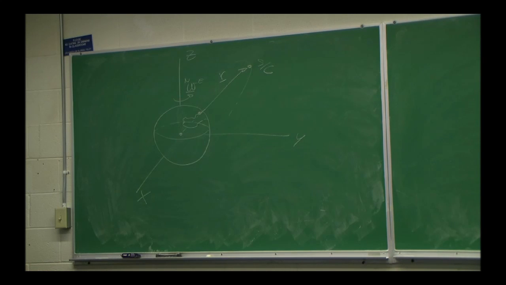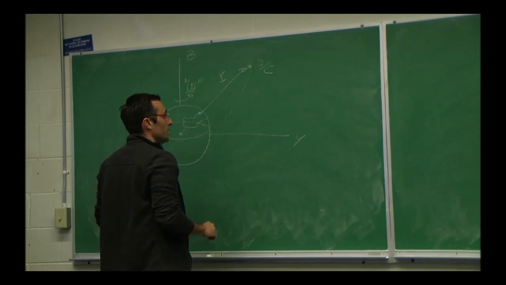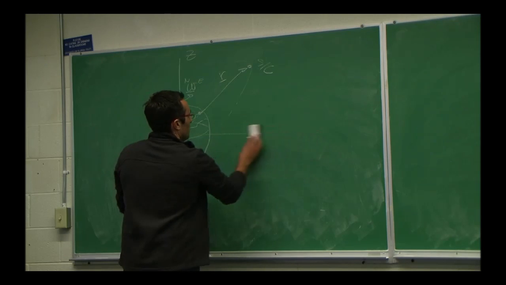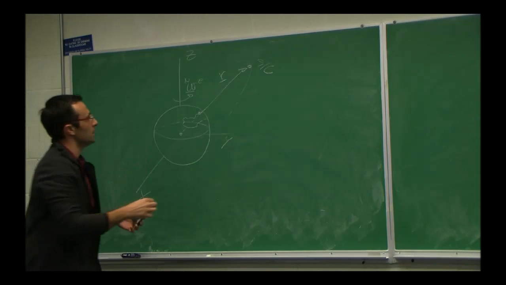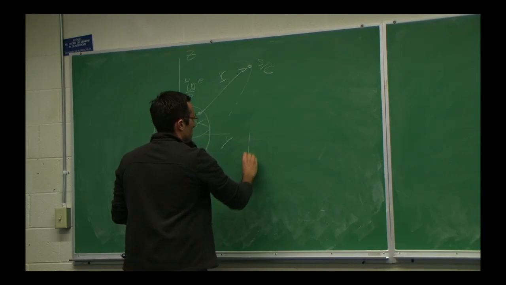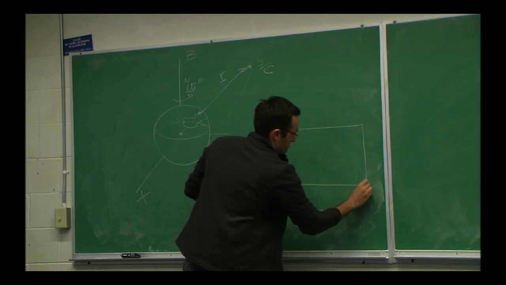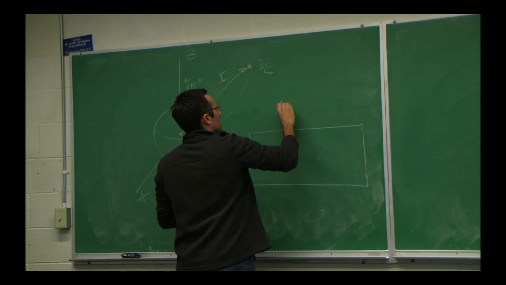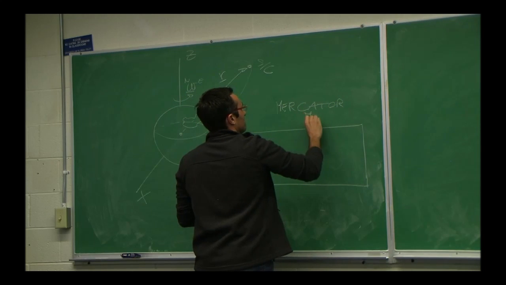So it's very useful to be able to reproduce the ground tracks of satellites, and what we do usually is use something a little more friendly than looking at 3D images. We use what are called Mercator maps.